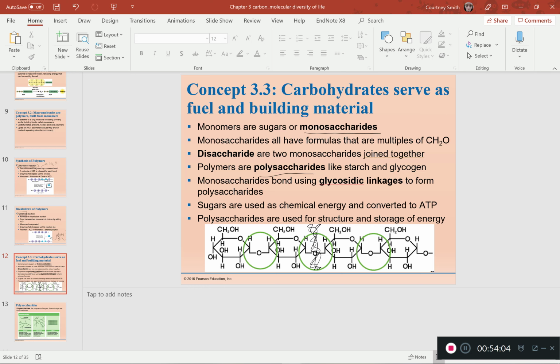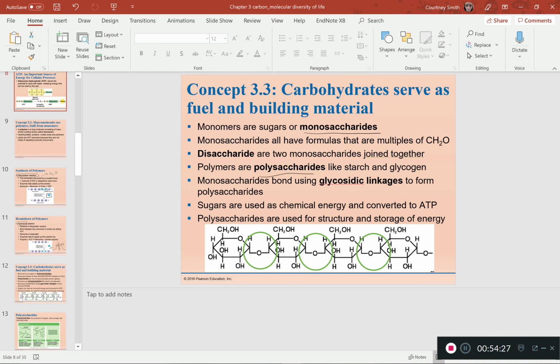And the link that happens between them, as you see in the green circle, that's a glycosidic linkage. So it's specific, it looks like an oxygen with sugars on either side of it. Okay? And then the function of a carbohydrate is chemical energy and ATP.